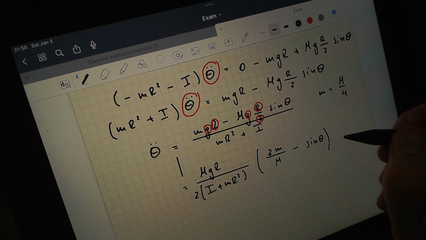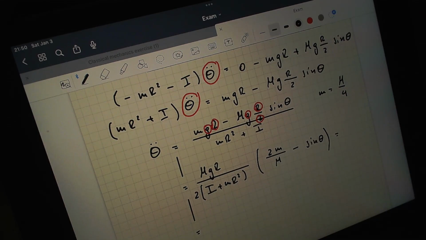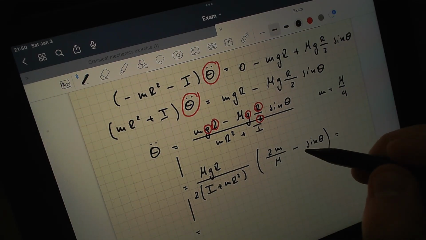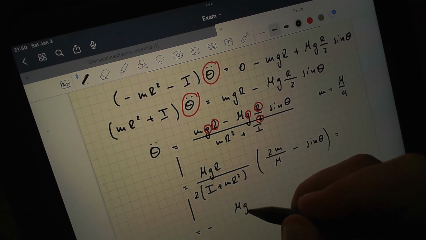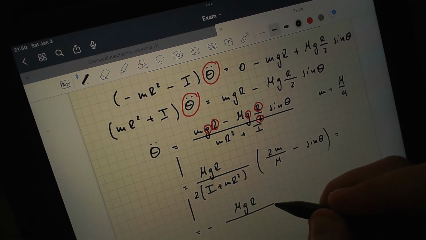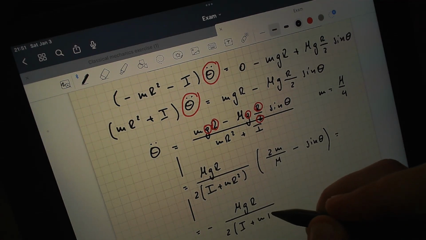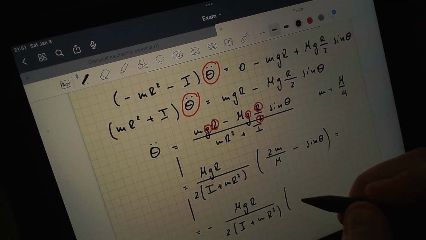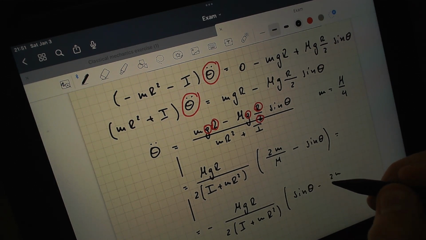Okay, so now we can also change again the sign in this parenthesis, so we end up with minus mgr over 2I plus mr squared, so we change the sign, so we end up with this one.